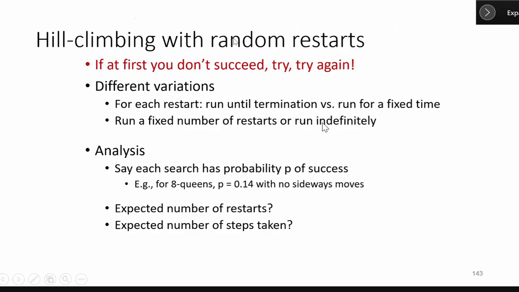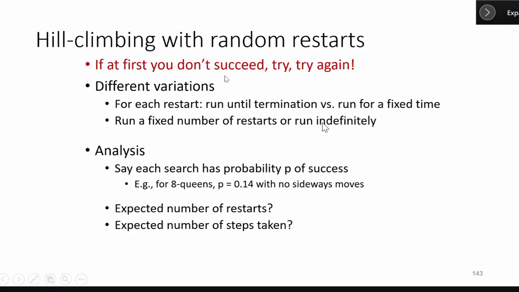Hill climbing with random restart means if at first you don't succeed, try again, go to the next part, and then the next, and don't stop there. For each restart, run until termination versus run for a fixed time, for a fixed number of restarts or run indefinitely.